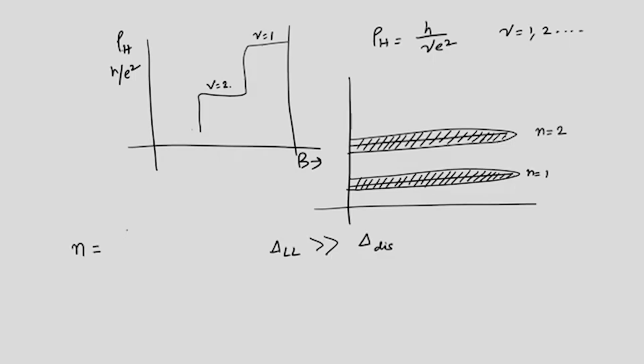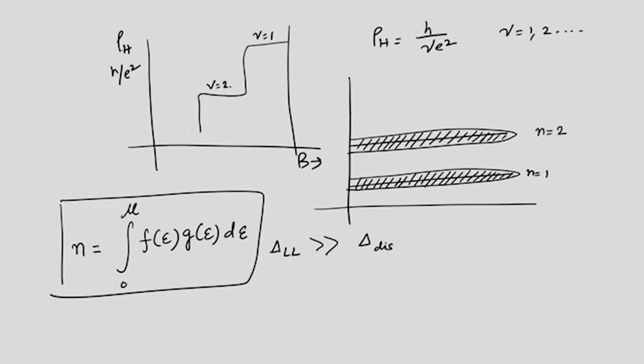density. The density is given by the Fermi distribution function multiplied by the density of states, and you integrate over all E from 0 to mu. That gives you the total number of electrons, or the charges, present in the system.